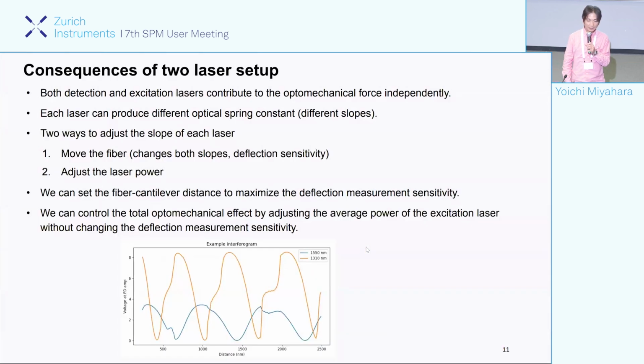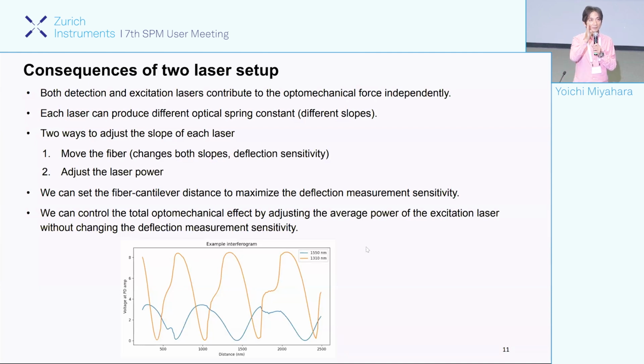As I just summarized, both the detection and excitation lasers contribute to the optomechanical force independently, and each laser can produce a different optical spring constant. Basically, you can control different slopes. We have two ways to adjust the slope of each laser. One is adjusting the cavity length. This is possible with a conventional optical interferometer setup, but it changes the sensitivity of detection, so we don't necessarily want to do that.